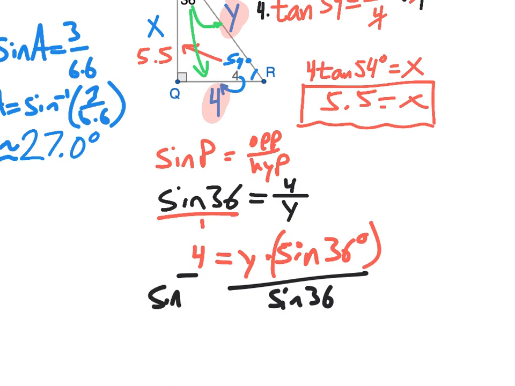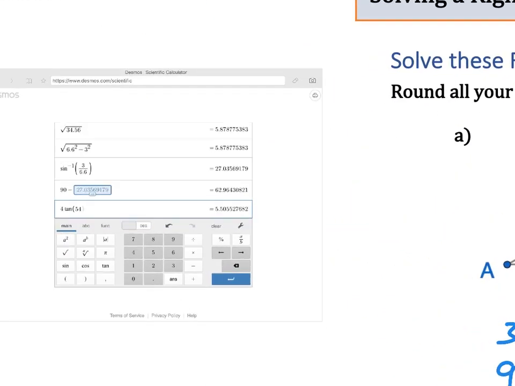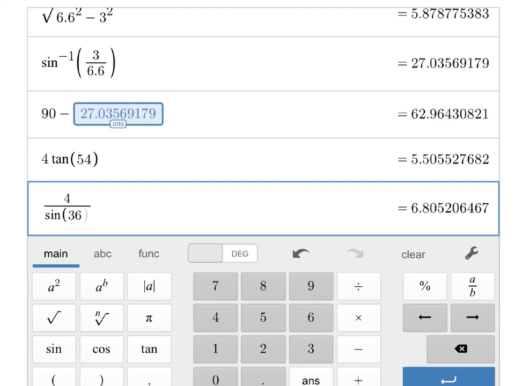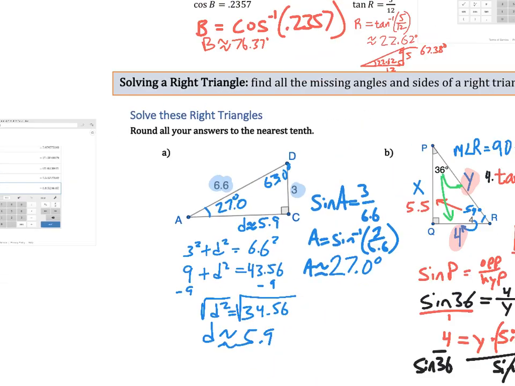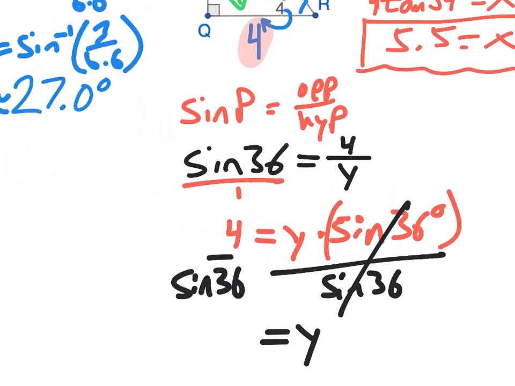Those guys are going to cancel. So Y equals 4 divided by the sine of 36. And 4 divided by the sine of 36 gives us about 6.8. So 6.8 it is.